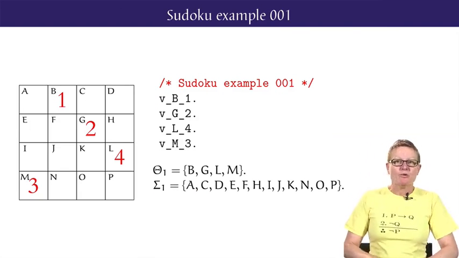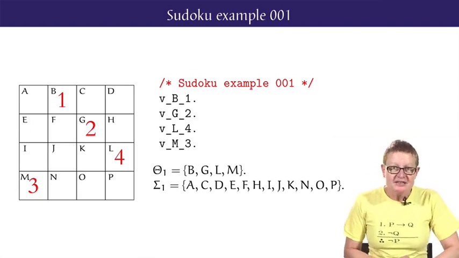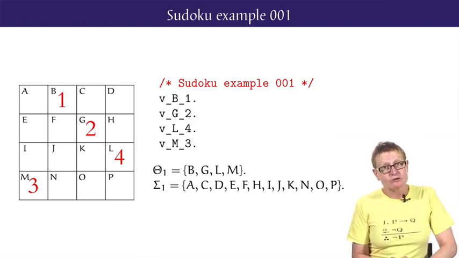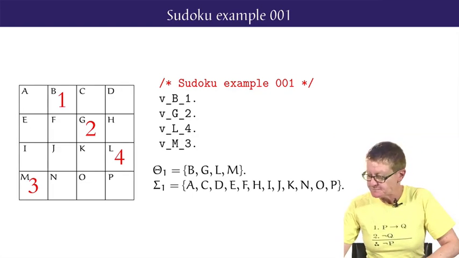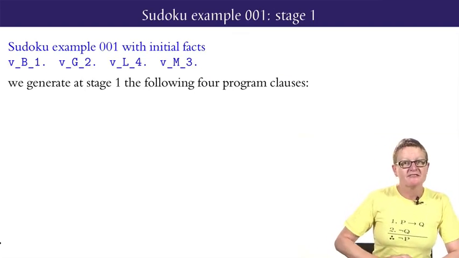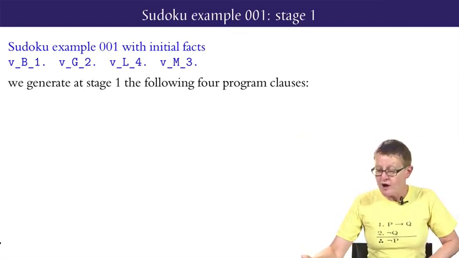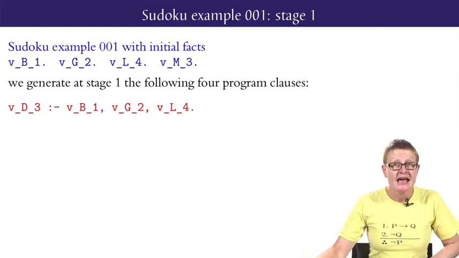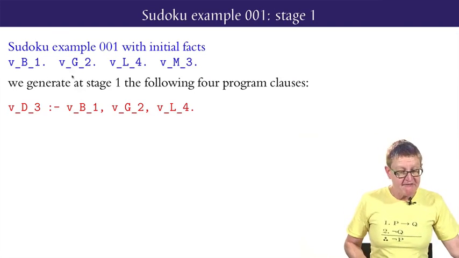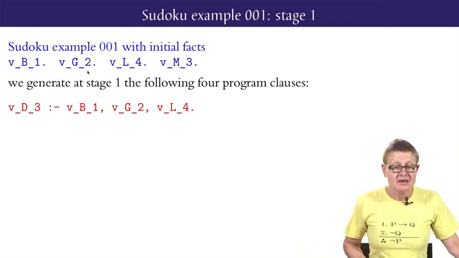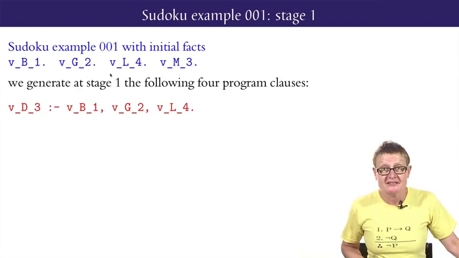Coming back to example 1, you might want to print out a copy of the puzzle to consult as we proceed. Stage 1 for this example will generate 4 program clauses. Take the first 3 facts in the list. B is 1, G is 2 and L is 4.